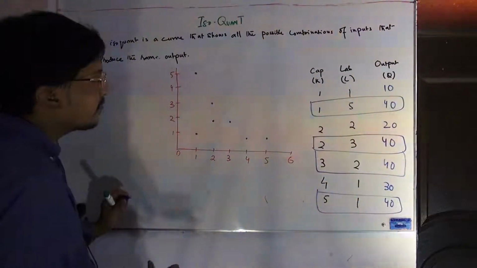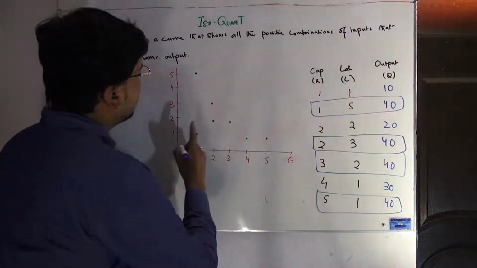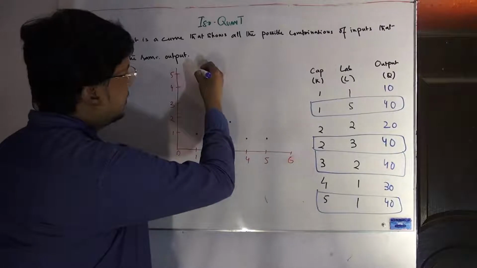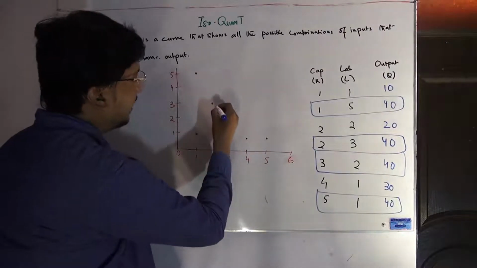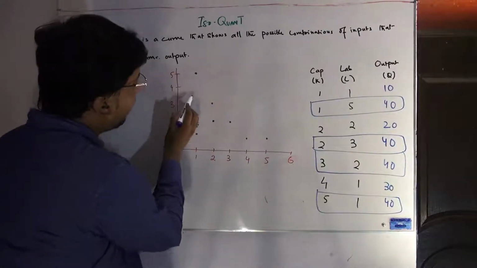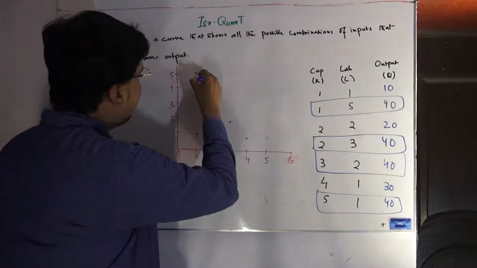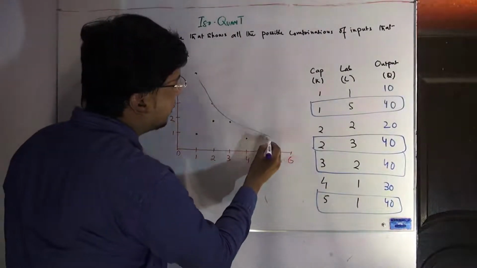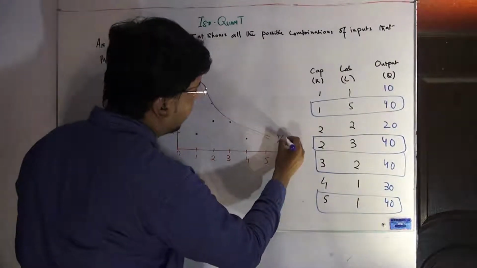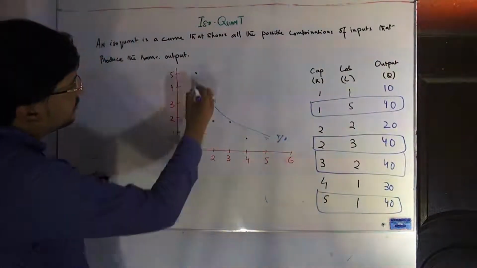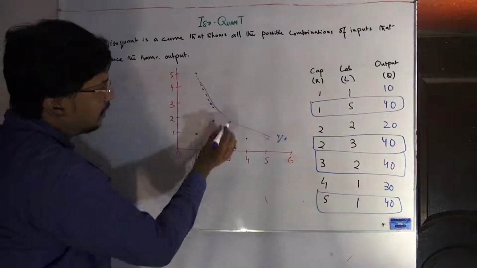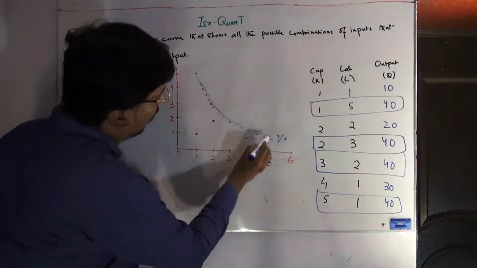Now the first combination that we observe, this one, is giving 40. This is the second one, the third one. So this is a convex behavior, and this is showing the isoquant.